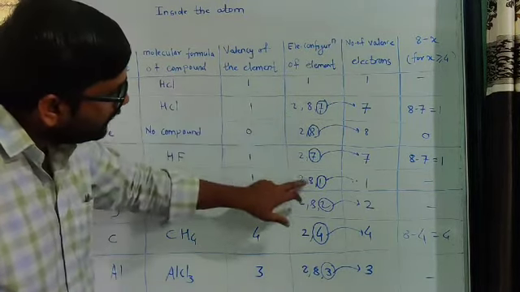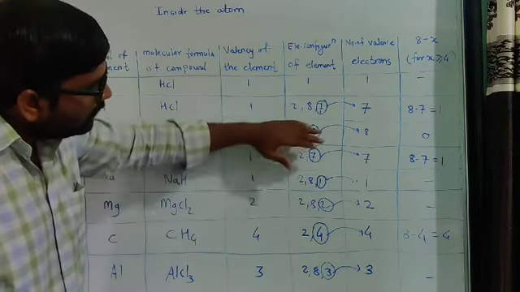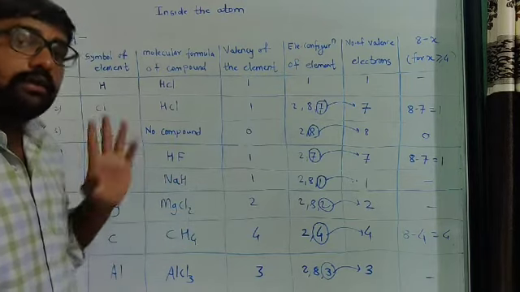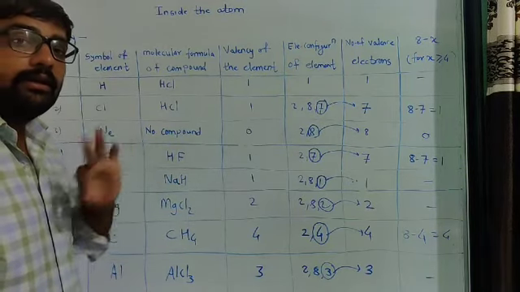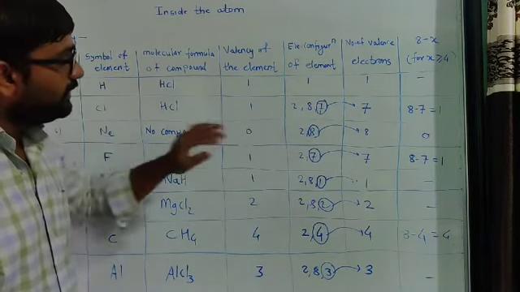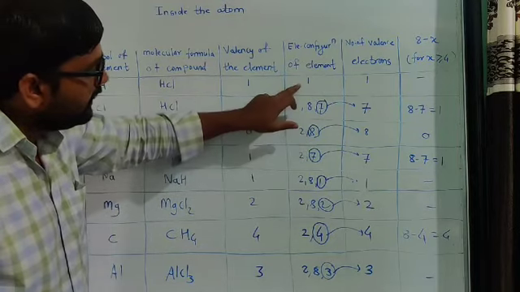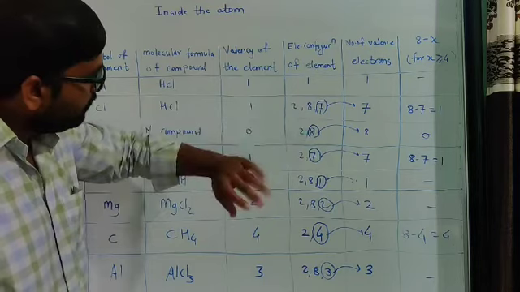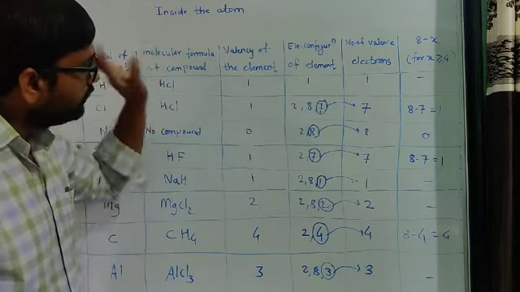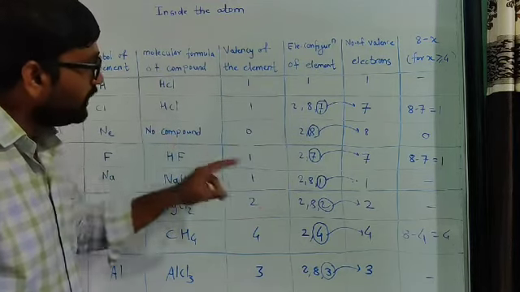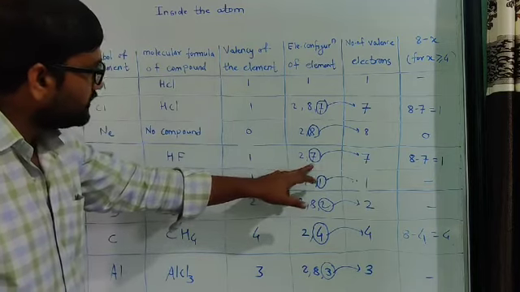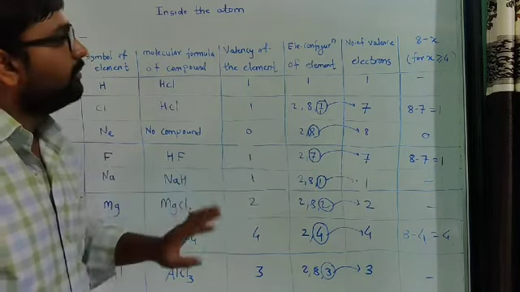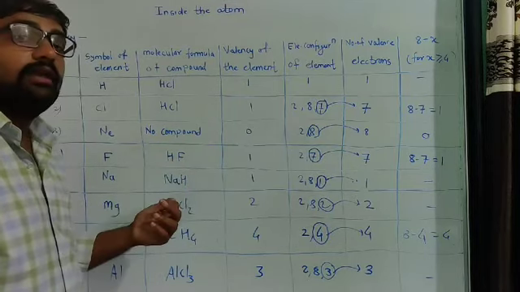But in other cases, whether the doublet is complete or the octet is complete, such an element does not react with any other element. Here 8 is there, here 1, so it will react. Here 7 means the octet is not complete, so it will also react with another element. Look at HF: 7 electrons, it still requires 1 electron to complete its octet, so it reacts with hydrogen.